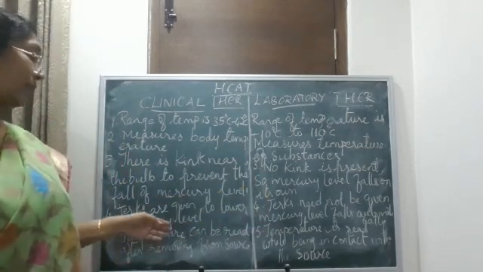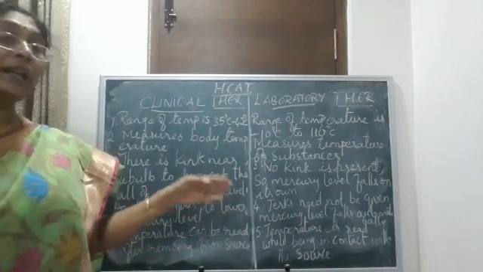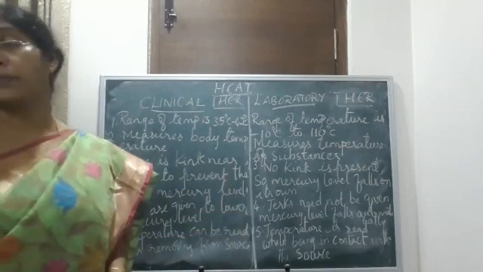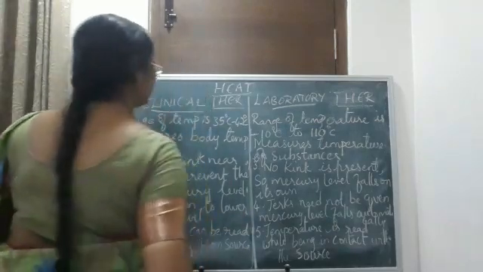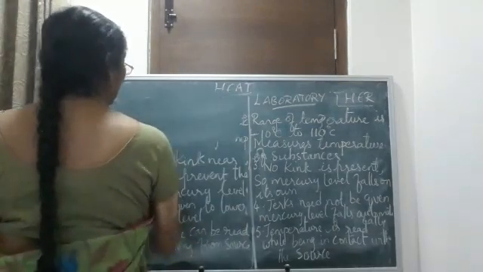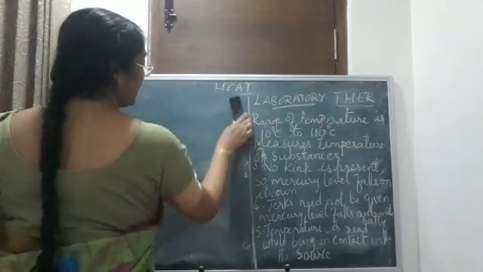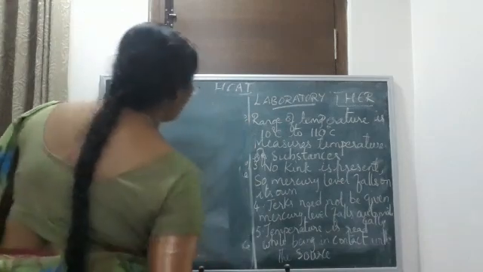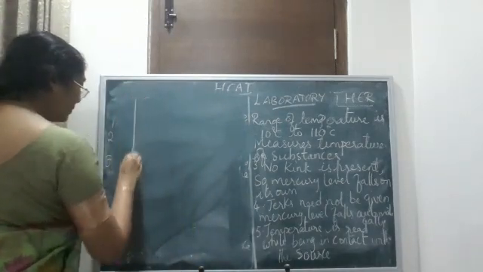Temperature can be read after removing from the source here. Temperature is read while it is in contact with the source here. So let me tell you once again what is meant by this kink. In a clinical thermometer, this is the glass tube.